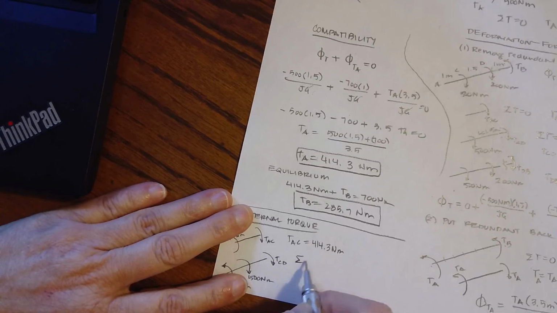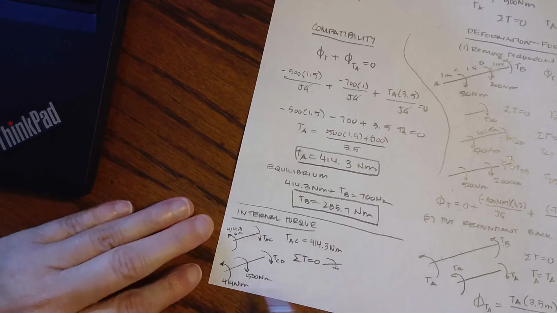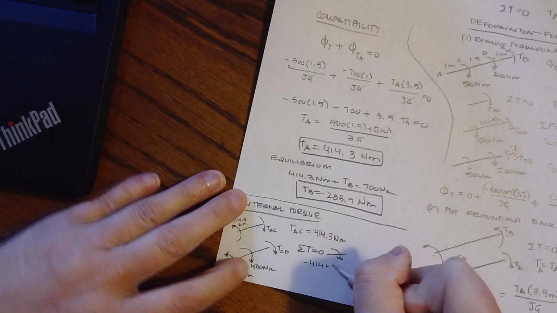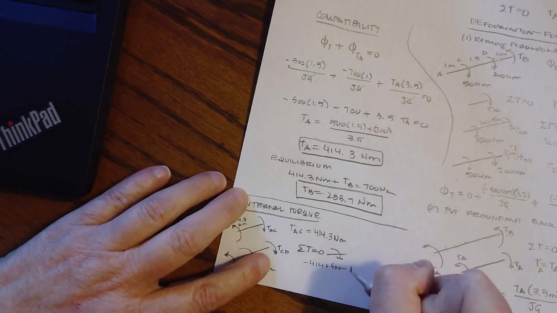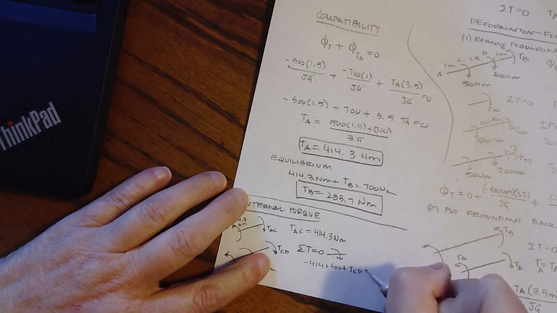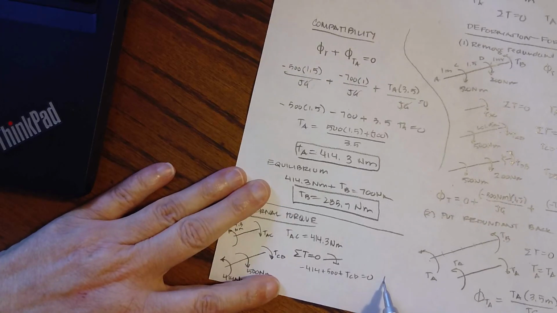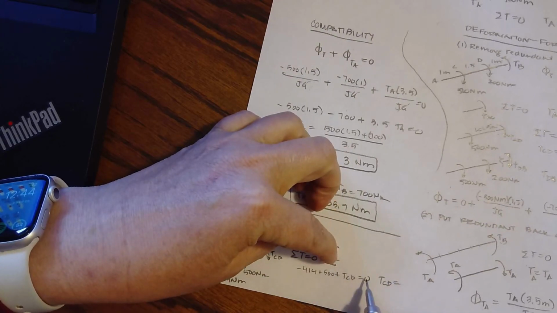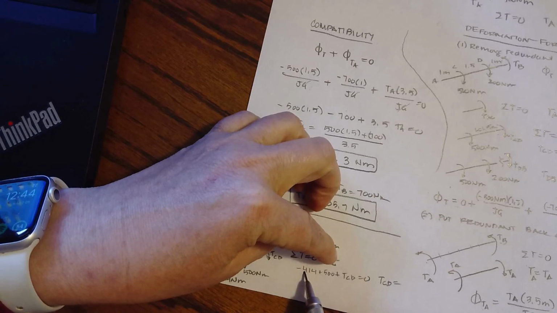Then I'm going to sum those torques equals 0, and I'm going to say coming towards me is positive, so I have negative 414 plus 500 plus torque CD equals 0. And so I can quickly see that torque CD equals negative 500 plus 414.